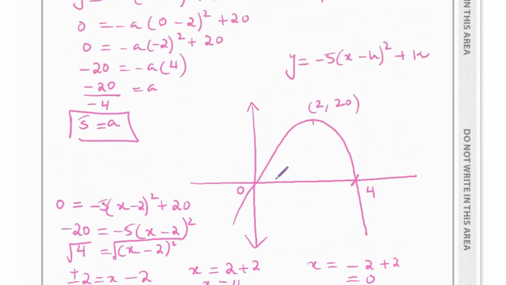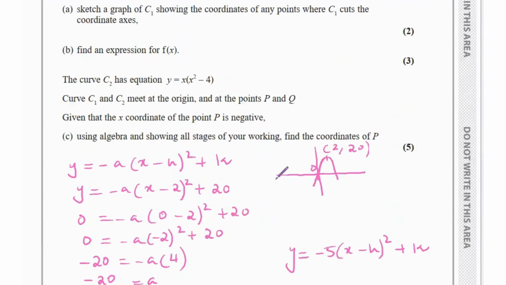Then, the curve C2 has equation y equals x times (x squared minus 4). Curves C1 and C2 meet at the origin and at the points P and Q. Given that the x-coordinate of the point P is negative, using algebra showing all stages of your working, find the coordinates of P. So since they're both meeting, that means they're intersecting.